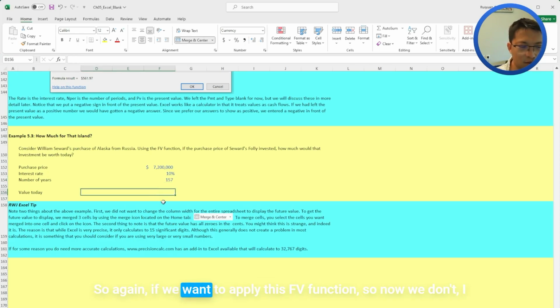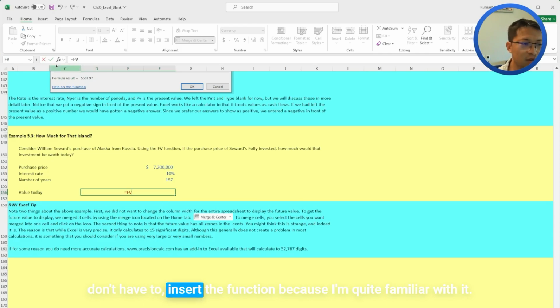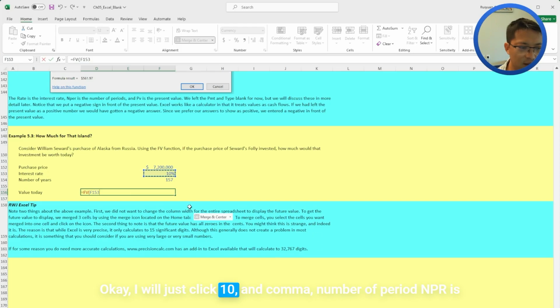So again, if we want to apply this FV function, now I don't have to insert the function because I'm quite familiar with it. I will just say the rate. You see the rate. Okay, I will just click 10 and comma. Number of periods, NPER, is F154. Okay, and comma. And this one is for payment.